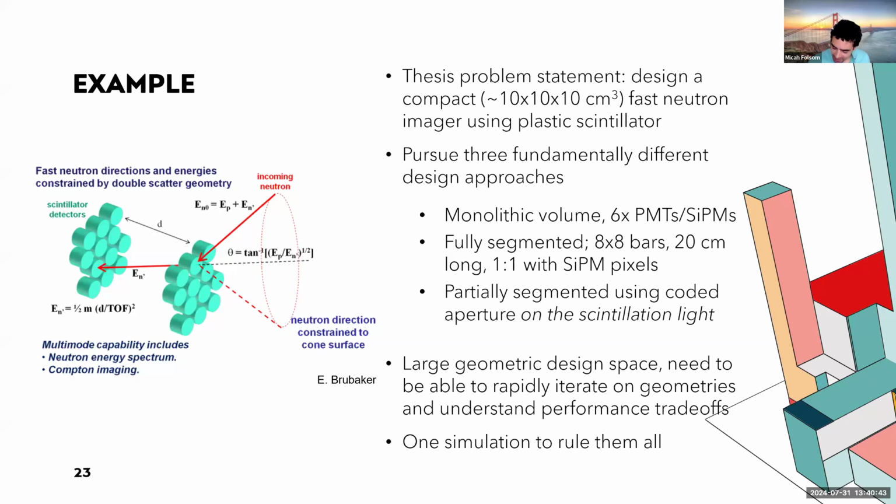Okay, so I realize I'm running fairly short on time. I'm going to very quickly go through how I use Geant4 for my thesis work. This was a fast neutron scatter camera effort. We had a collaboration where we were looking at different, very fundamentally different designs to accomplish the same thing.